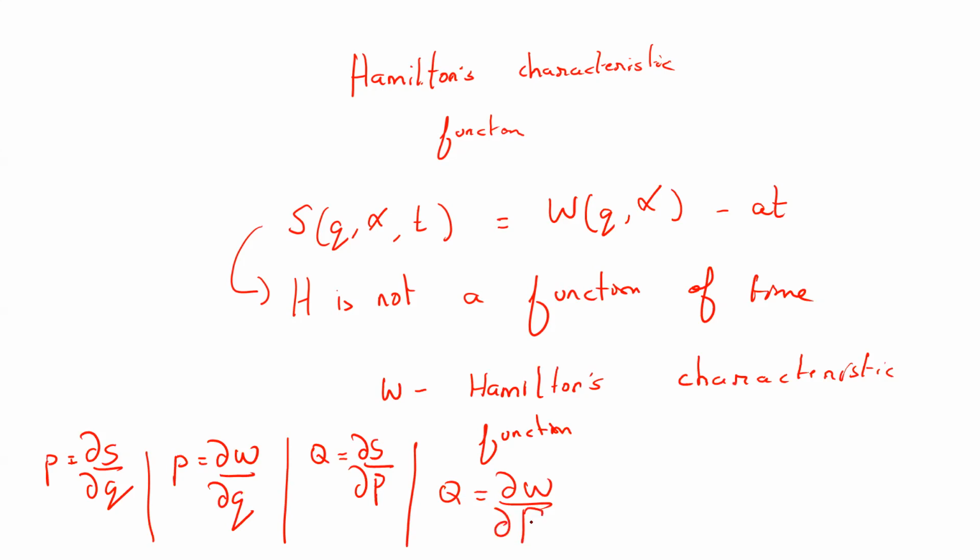Notice, however, we had got a constant. Last time we had got that H is a constant because it is not a function of time. We had got it as a constant alpha in the linear harmonic oscillator problem.